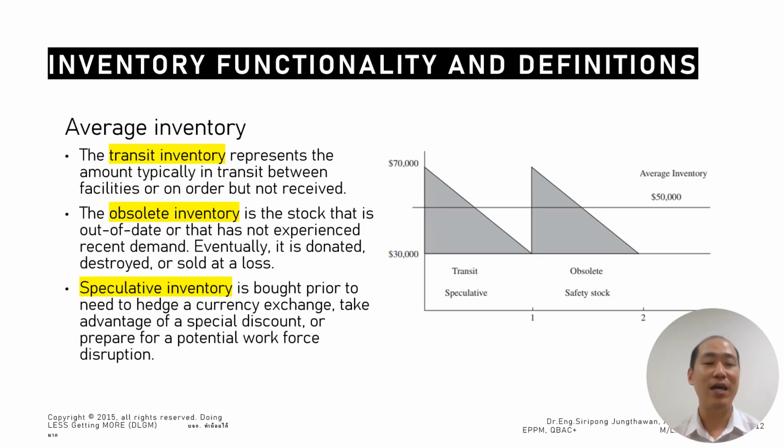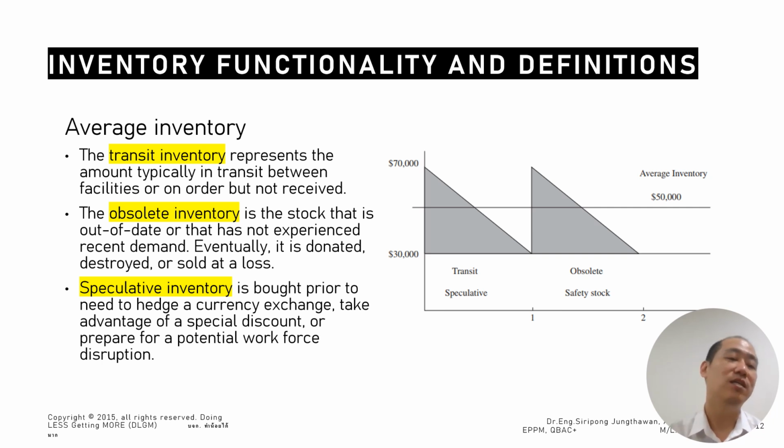So when you design inventory function, you have to see the average inventory. You can see the highest and the lowest and the average. So you can see 20,000 and 30,000, total to be 100,000, and then you divide it by 2, that should be the average inventory. You can see 50,000.